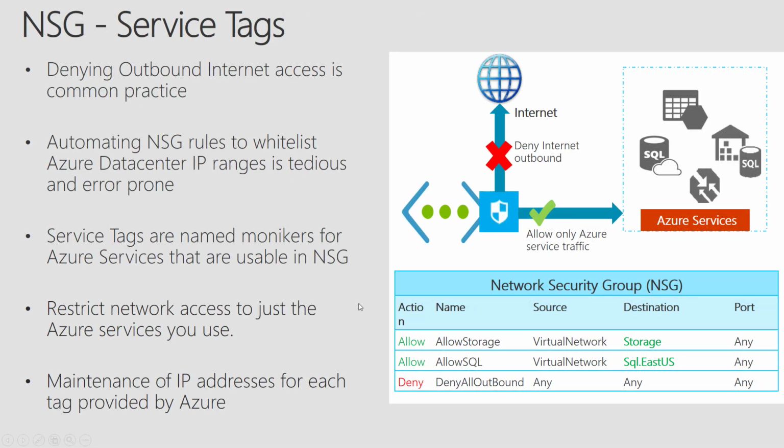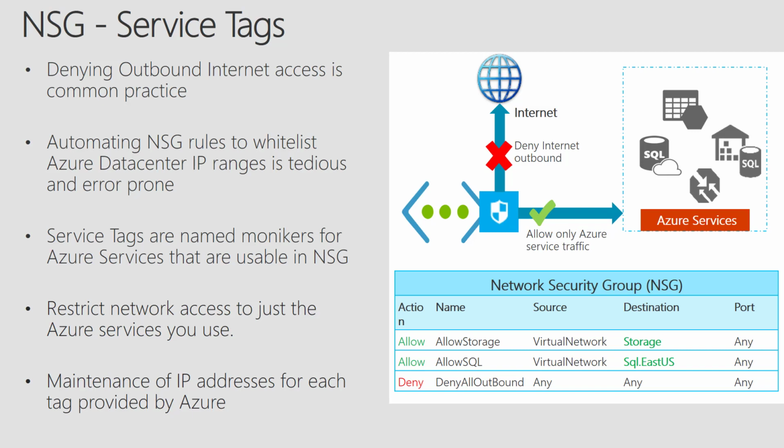Next one is network security group service tags. What service tags allow us to do: it's not an uncommon situation in Azure for certain organizations to say, we don't want to allow outbound traffic from our Azure virtual network to the internet.